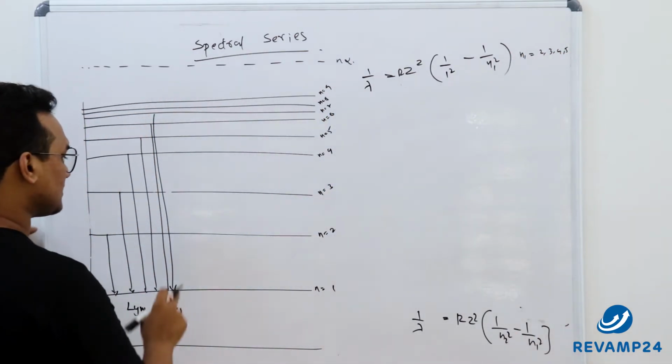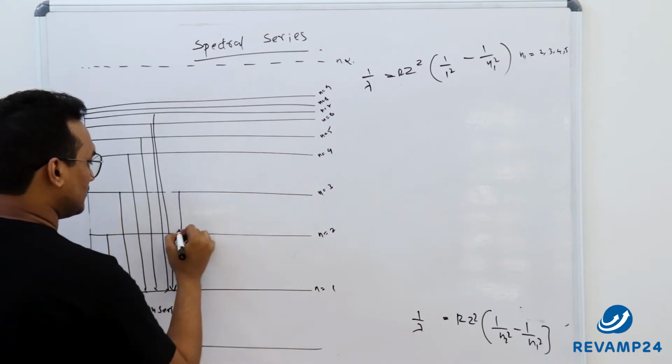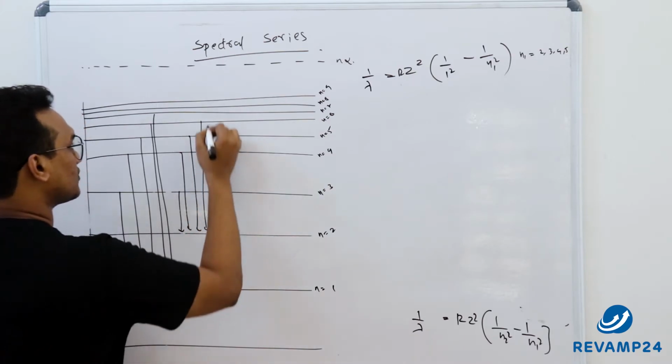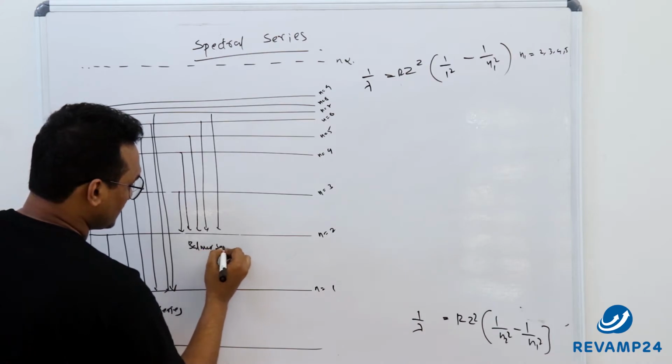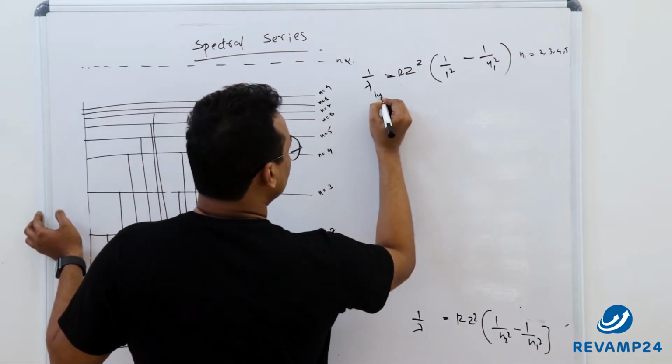Now the next series is the one coming down to 2 from a higher energy level. What is this series called? Balmer series. So what will be the equation? This is Lyman series.